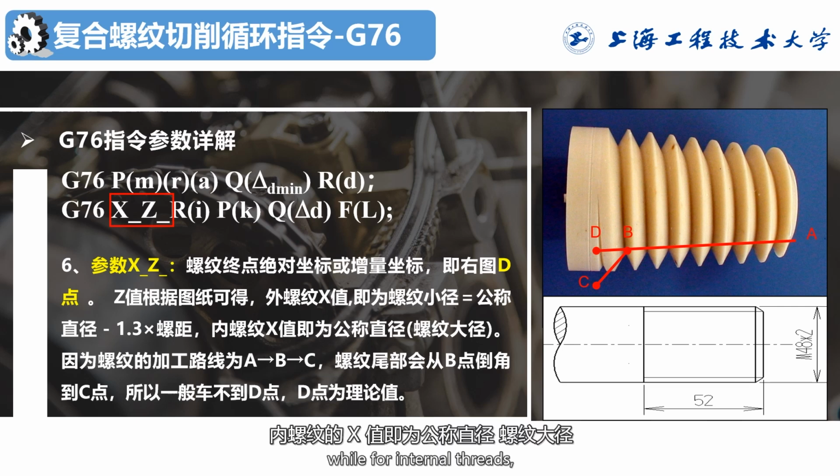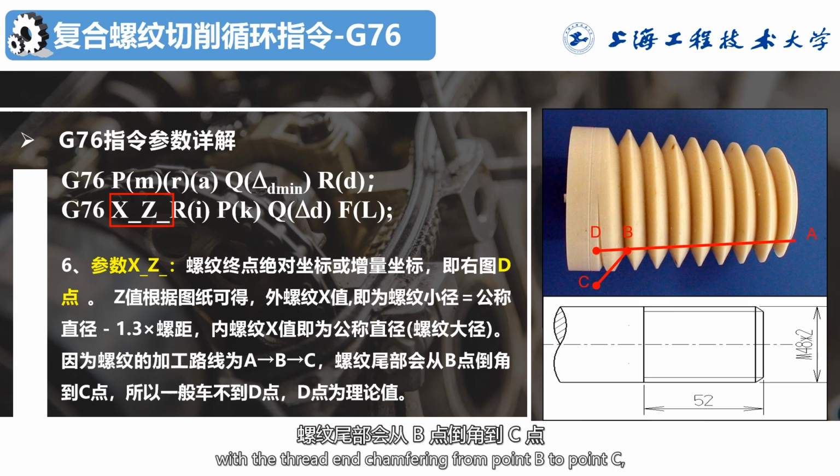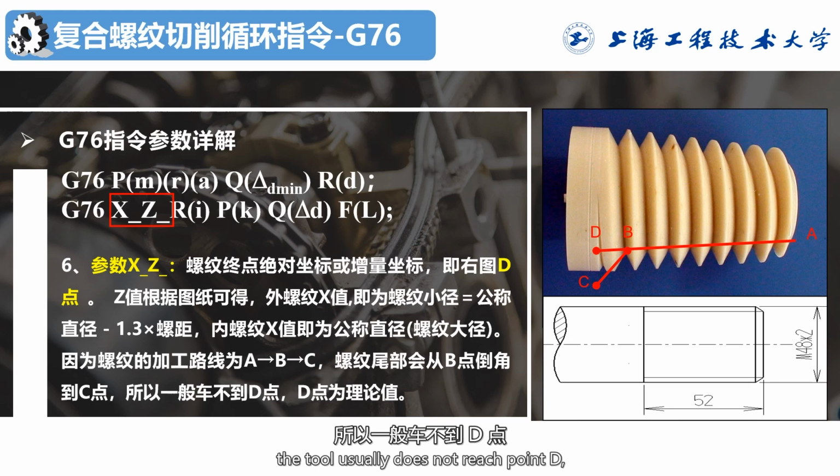While for internal threads, the x value is the nominal diameter, the major diameter, since the threading path is A to B to C, with the thread end transferring from point B to point C. The tool usually does not reach point D, which is a theoretical value.